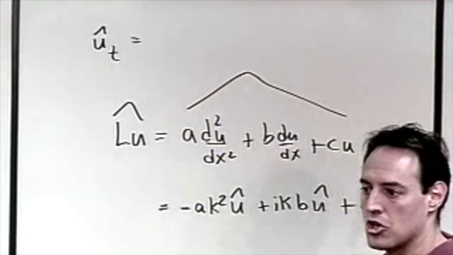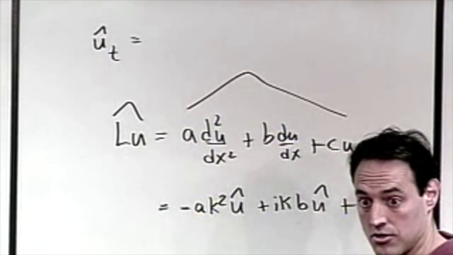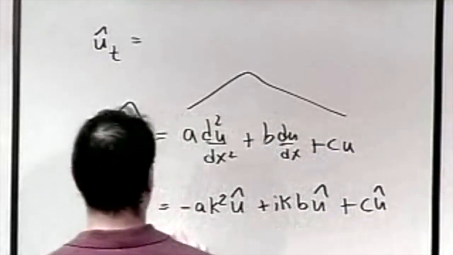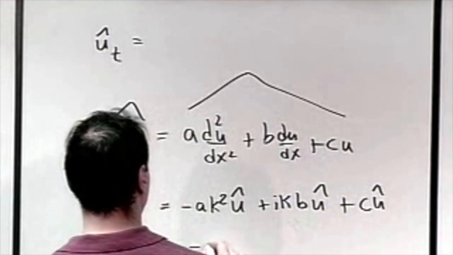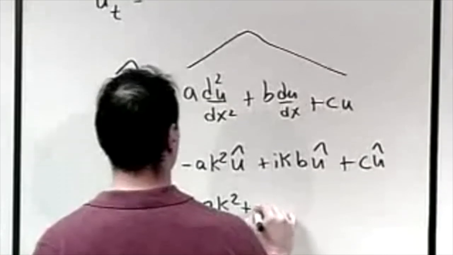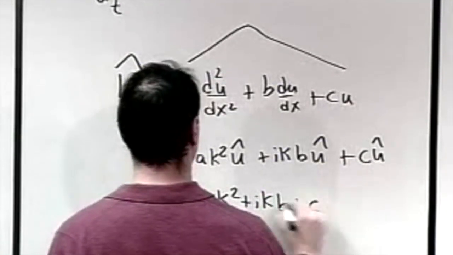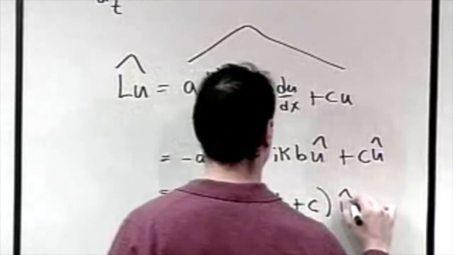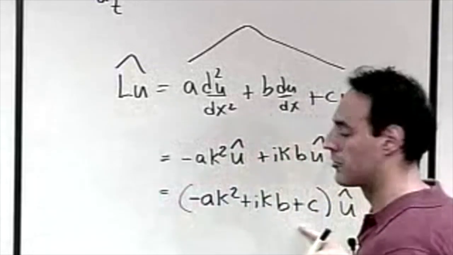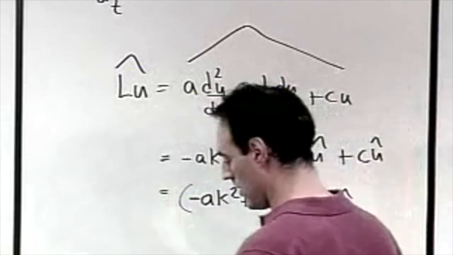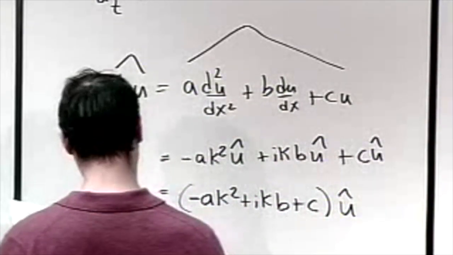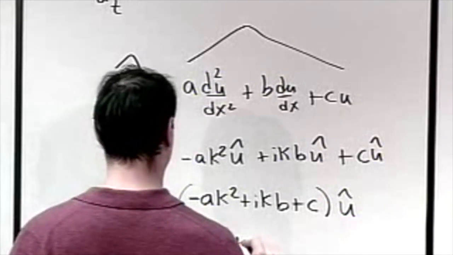The bottom line about this operator L, which is the linear, constant coefficient part, is that I can collect all these terms together into one expression, which is a function of k, and I'm going to call that alpha k.